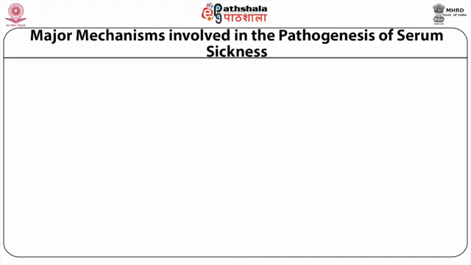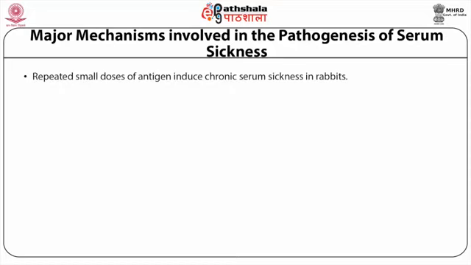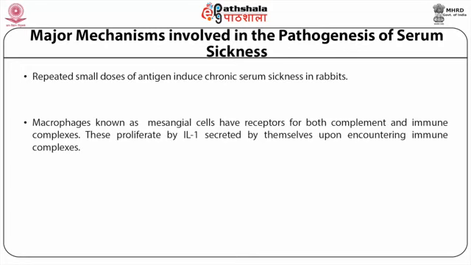This slide shows chronic serum sickness, the different forms of immune complex mediated glomerulonephritis. Repeated small doses of antigen induce this chronic serum sickness. In rabbits, macrophages known as mesangial cells have receptors for both complement and immune complexes.